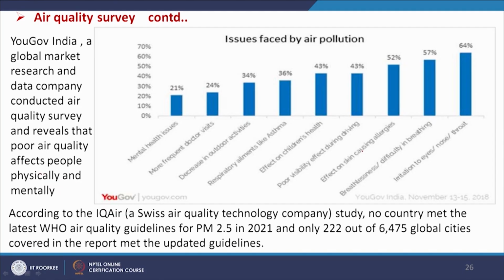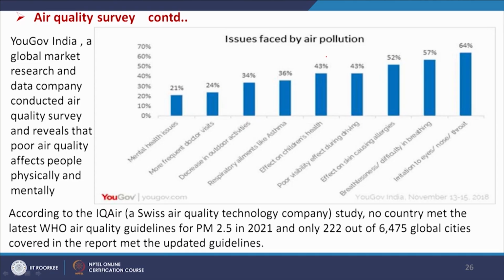So, this is the data: mental health issues, more frequent doctor visits, decrease in outdoor activities, respiratory ailments like asthma, effect on children's health, poor visibility, effect during driving, effect on skin causing allergies, breathlessness, difficulty in breathing, and irritation to eyes, nose and throat. That is the percentage of people who responded for these different effects due to outdoor air quality.